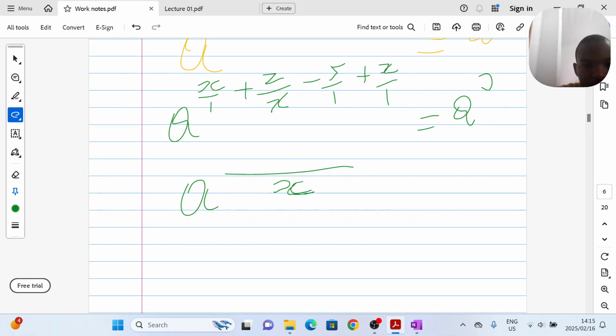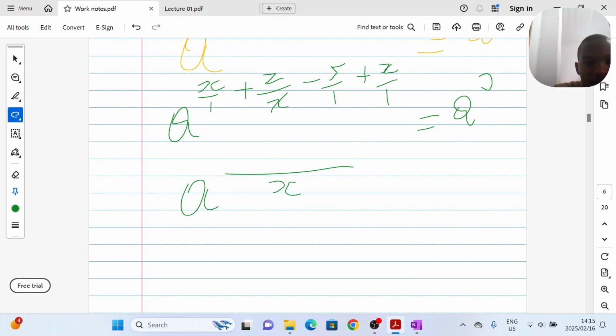Suppose that x was not going to 1 and 1 was not going to x. What was going to be the common denominator there? We'd say 1 times x would be our common denominator. But in this case, 1 times x is still x. So we're going to have an x there.